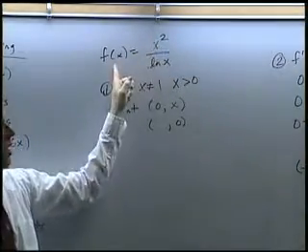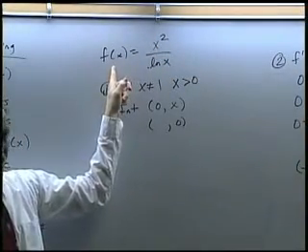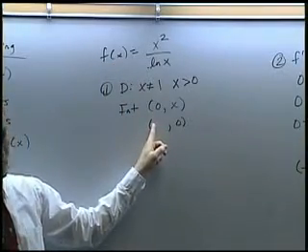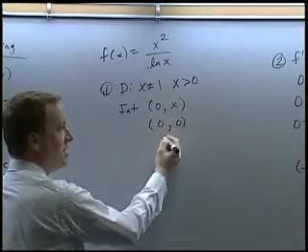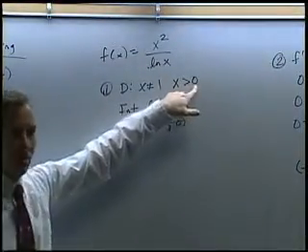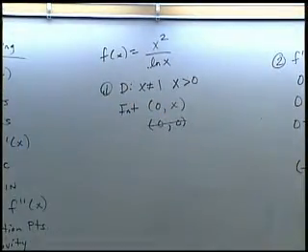What number can I square and come up with 0? 0. But again, can I have 0 as an x-coordinate? No. So we test it and try to find any intercepts, but we're not finding any this time. Everything is at 0, 0, and we don't have the availability of x equals 0. So no intercepts on this graph.